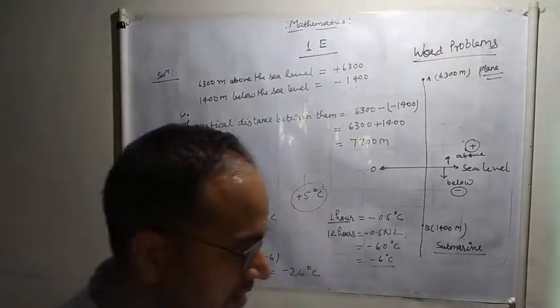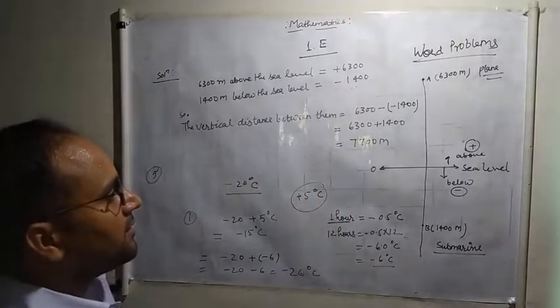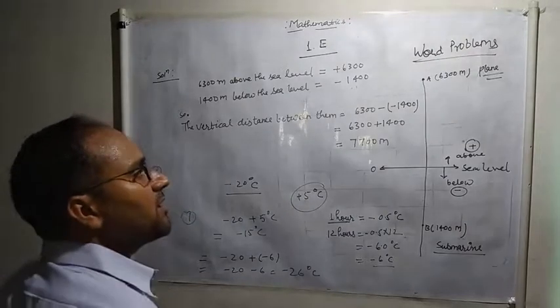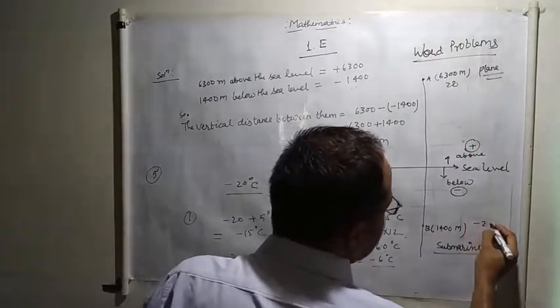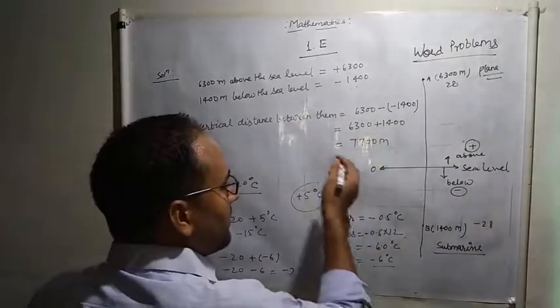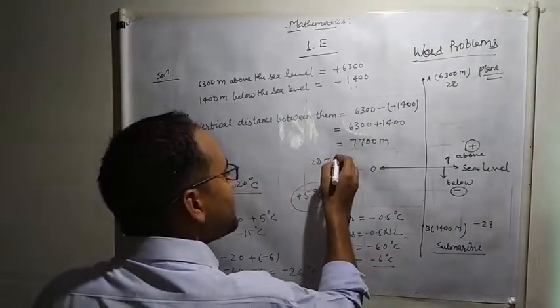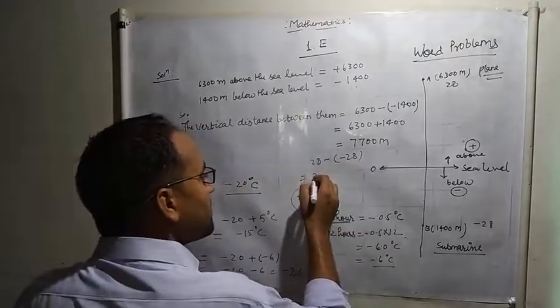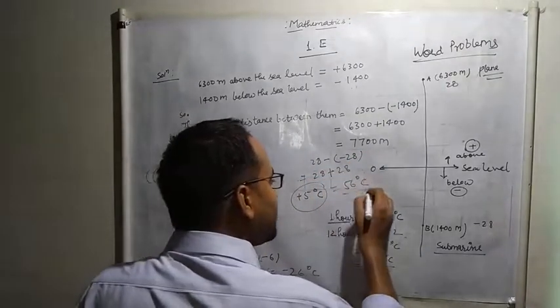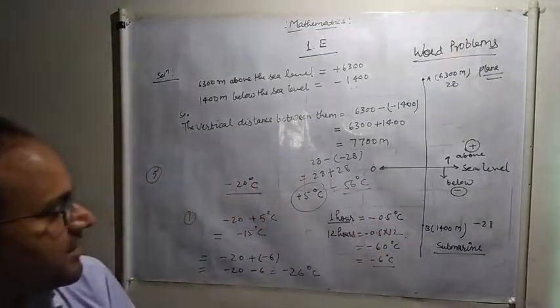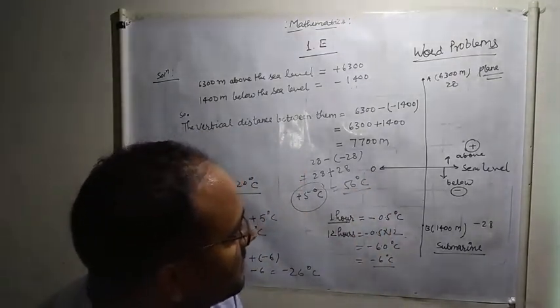Brazil is 28 and Siberia is minus 28 on the same day. So 28 minus (minus 28), 28 plus 28, you get 56 degrees centigrade, the difference between these two temperatures.